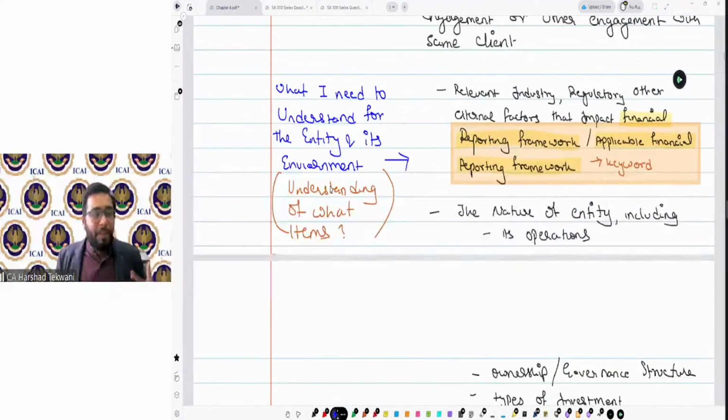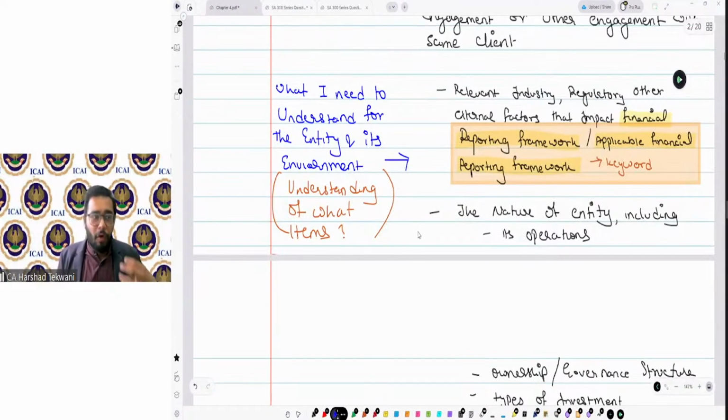What do I need to understand with respect to the entity and its environment? I need to understand the relevant industry, relevant regulatory area, applicable financial reporting framework, its operations, different things.